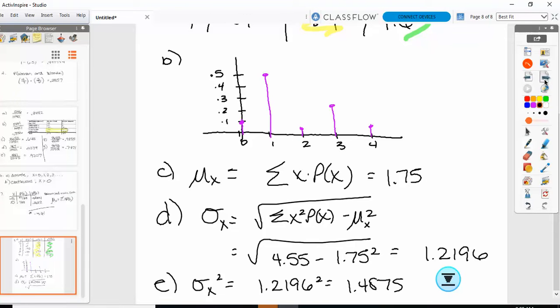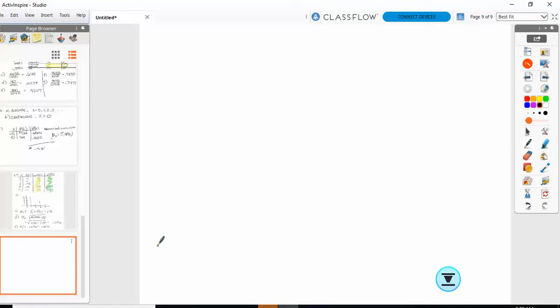The next one, I'm asking you to use your table. So everybody get out the table and make sure you can follow along and find these. So I told you the N is 15, so that's the back page. X is 3, and the P of X is, did I skip one?